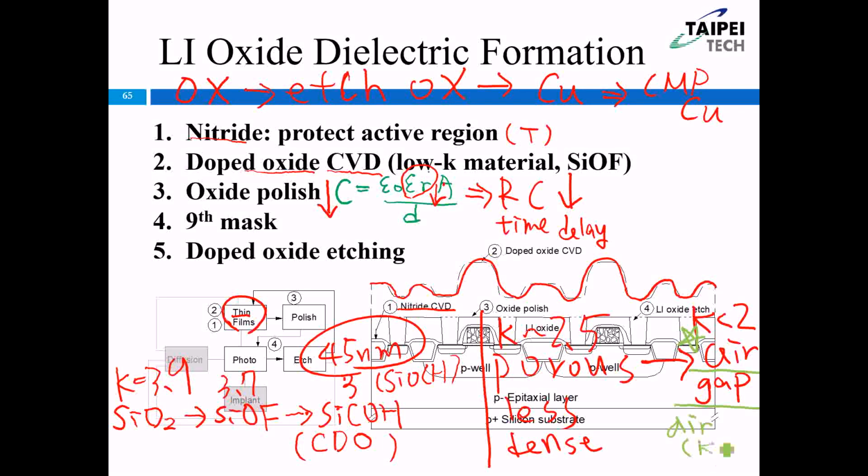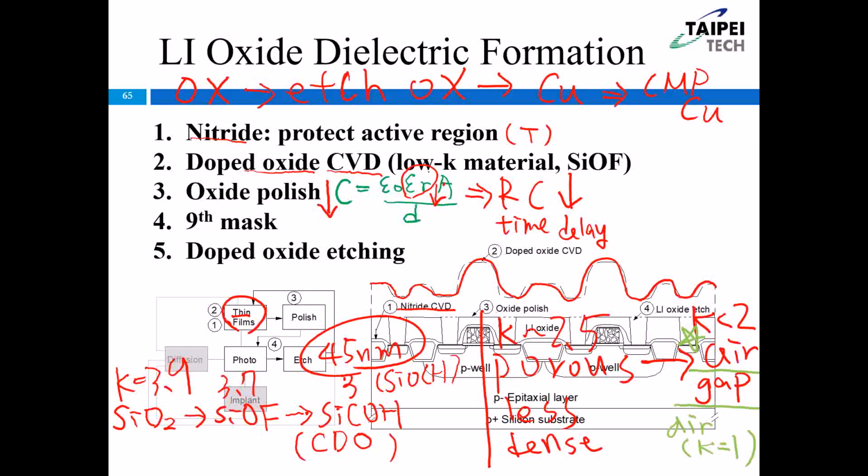So we push air into this material, SiCOH. We call this technology the air gap. We put the air on purpose into this material, so the dielectric constant can be further reduced to around 2.